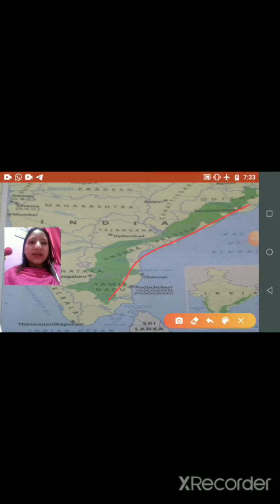The Eastern Ghats are a broken chain of mountains that runs from the Mahanadi valley in the north through the states of West Bengal, Odisha, then Telangana, then Andhra Pradesh, then Tamil Nadu, and finally merge with the Western Ghats at the Nilgiri Hills.